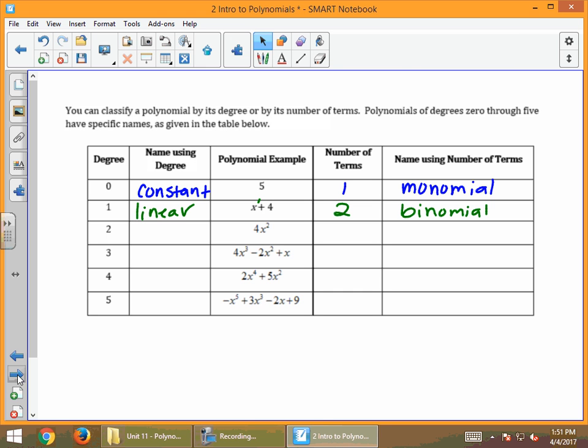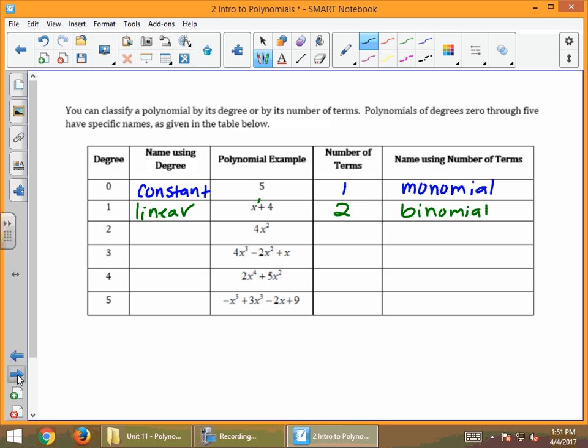A polynomial with a degree of 2. Does anyone know what that's called? Good example. We dealt with a lot of these this year. That is a square. There's a formal name for that. This 4x squared. You're on the right track with a square. We dealt a lot with these types of functions this year.